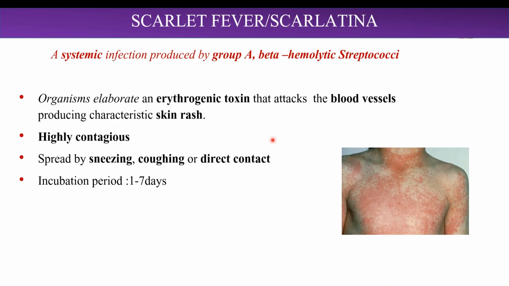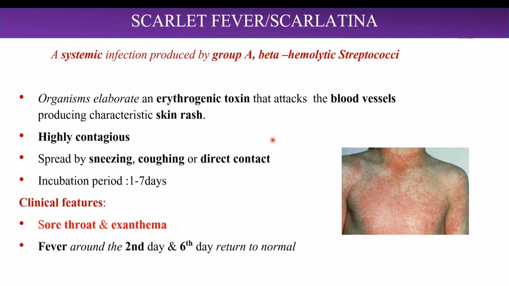It is highly contagious and it is spread by sneezing, coughing or direct contact, and the incubation period is between 1 to 7 days. Sore throat and exanthema are very important clinical features. Exanthema is derived from the Greek word anthe, which means blossom.